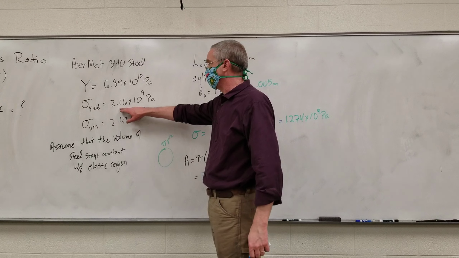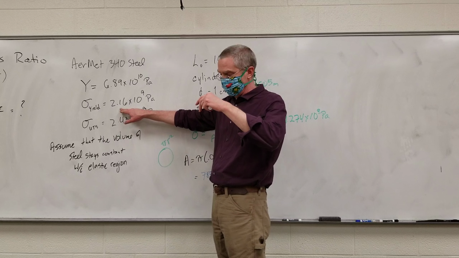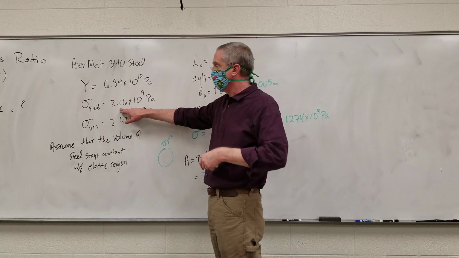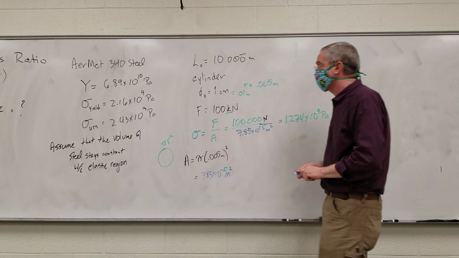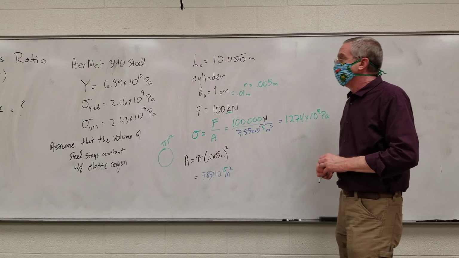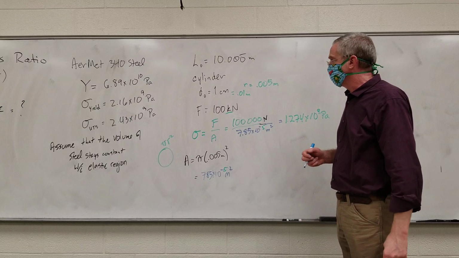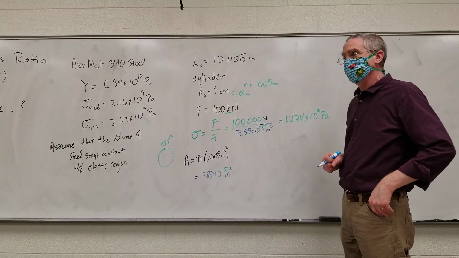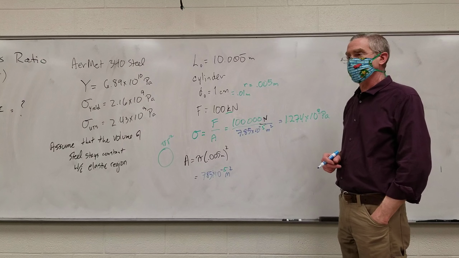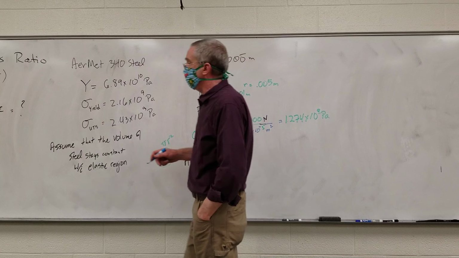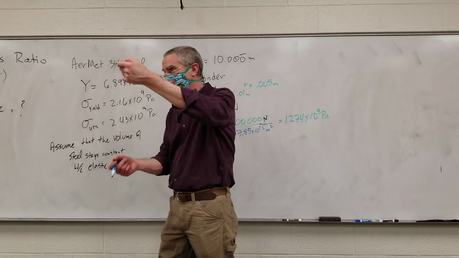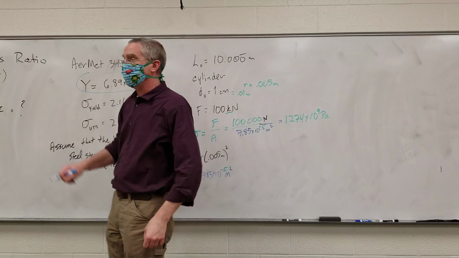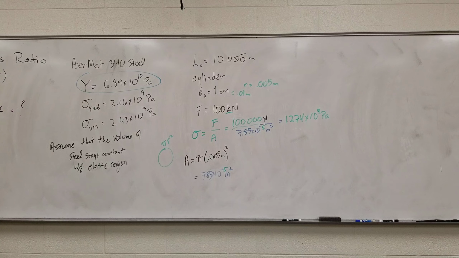We're assuming that the yield strength and the limit of proportionality are close enough to each other. How much will it stretch? Since we're still in that elastic region, if this is the amount of stress I'm applying, let's figure out what the strain is.